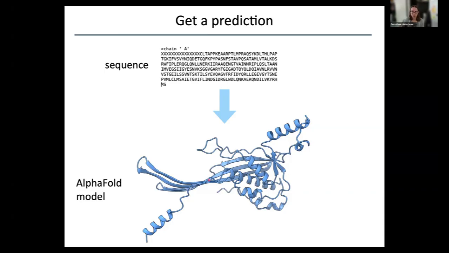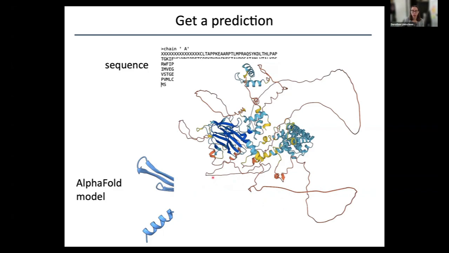So here I show you an example of, I'd say, a more weak prediction. You see that there are some parts where we see sheets, helices, but there are long, long stretches of loops just hanging in space.